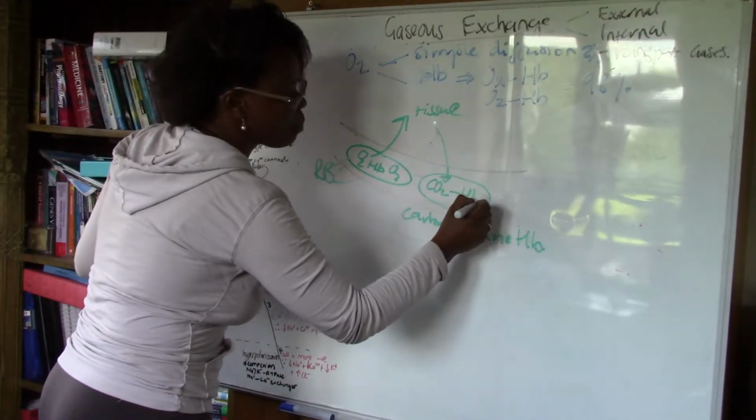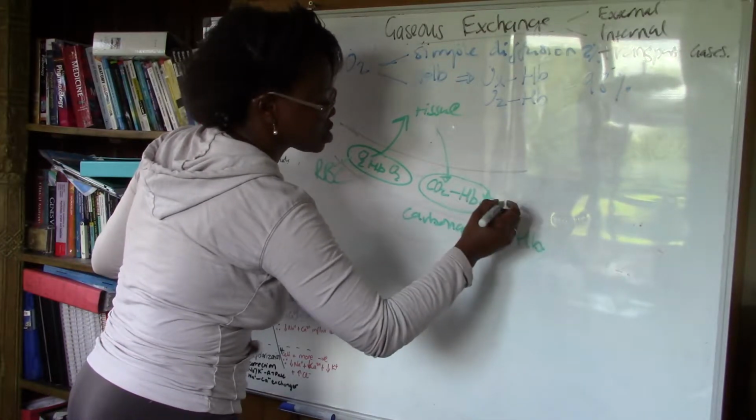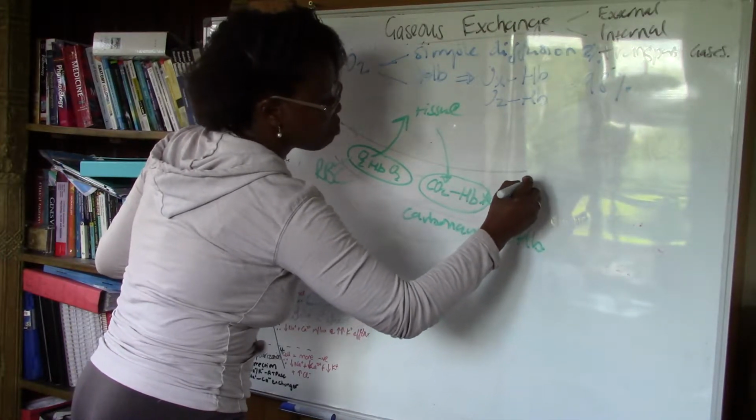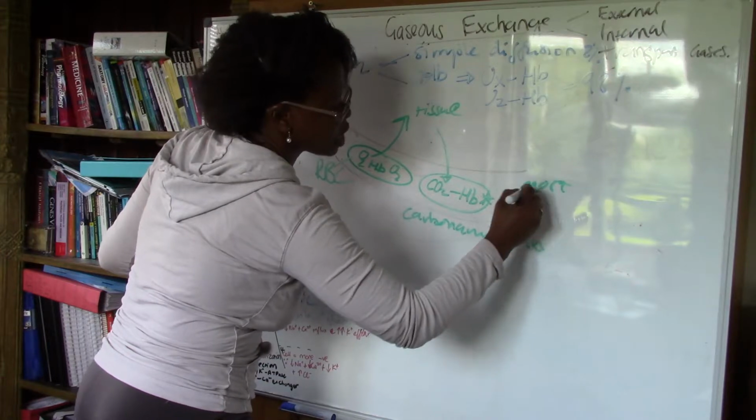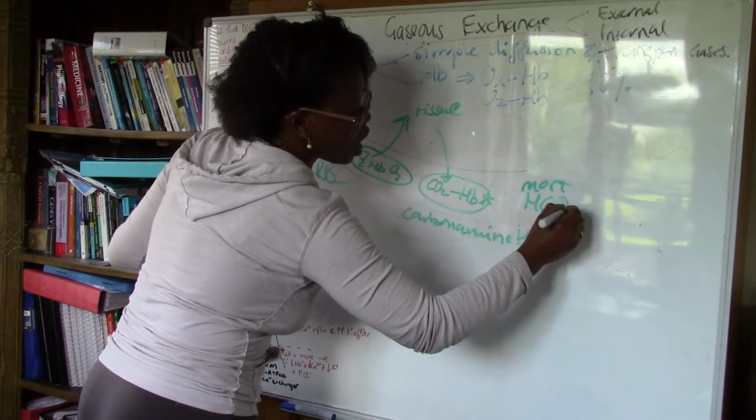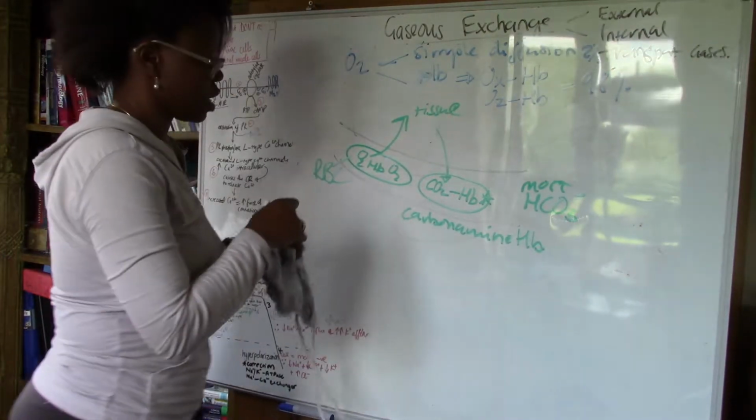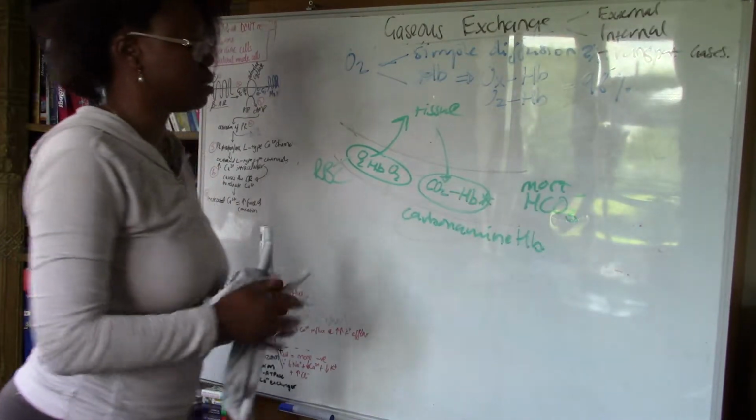But obviously for carbon dioxide, this is not a very efficient system, because as I've already said, the most efficient system for carbon dioxide is via the bicarbonate ions, which are found in the plasma.